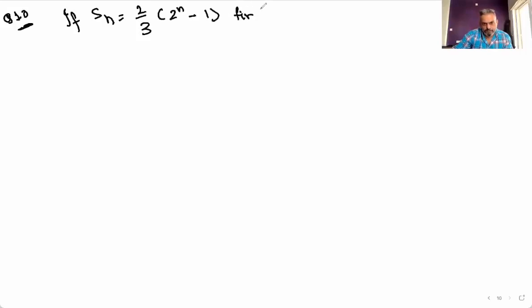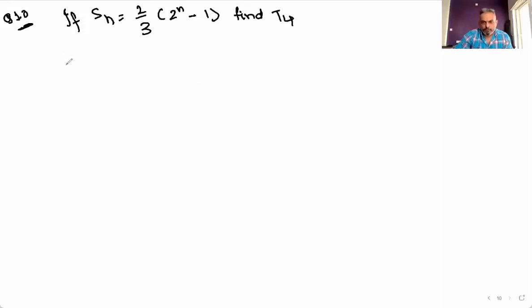Question number 10. Now this is a very interesting sum. If Sn is equal to 2 by 3 into 2 raised to n minus 1, find T4.